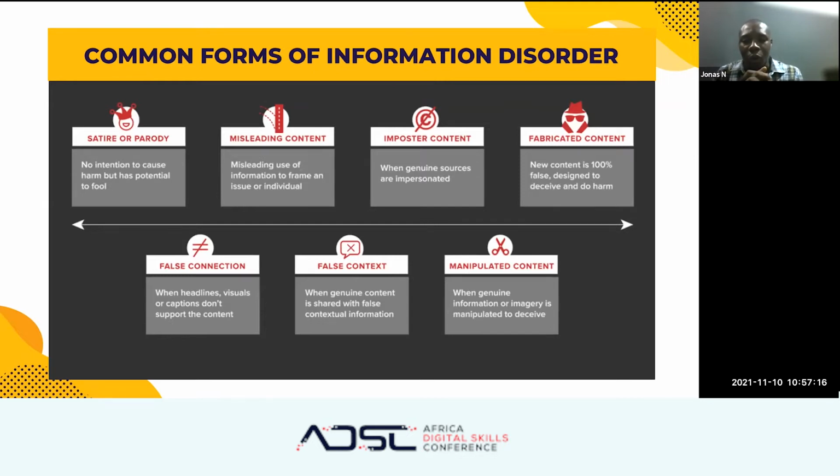And then we also have manipulated content. That is typically when genuine information or an image is manipulated to deceive. A typical example would be, as I'm seated here doing this presentation, if I take a picture of myself and then Photoshop it, which a lot of people are good at these days, to make it appear as if I'm at a conference somewhere in the UK, for instance.